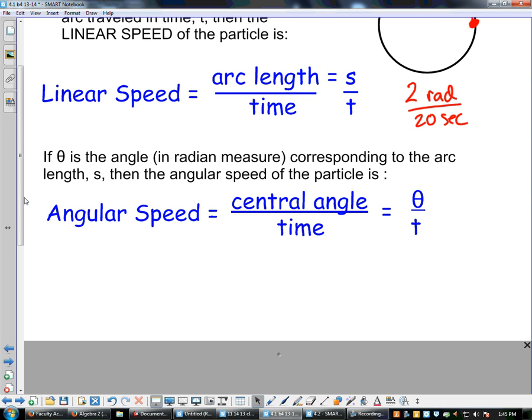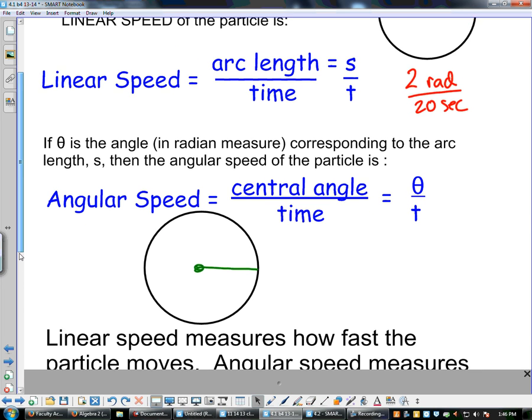So again, linear speed and angular speed. This time, if we're looking at angular speed, we are talking about how fast an angle is changing in the motion. It's probably best described with an application that we're going to take a look at.